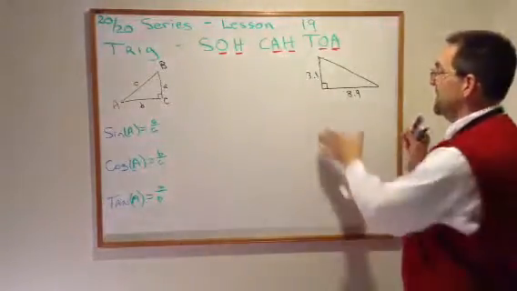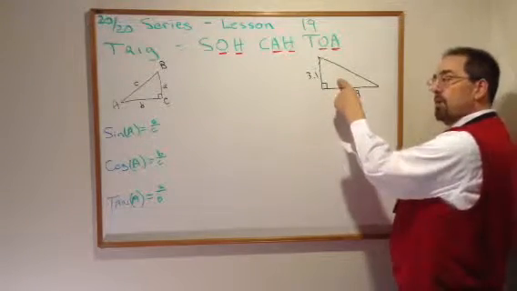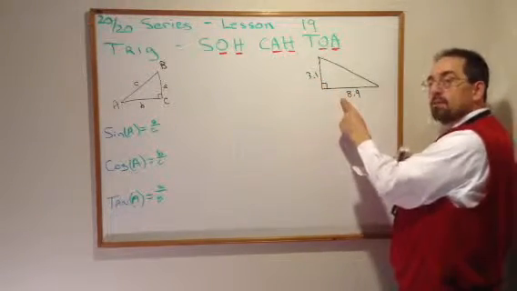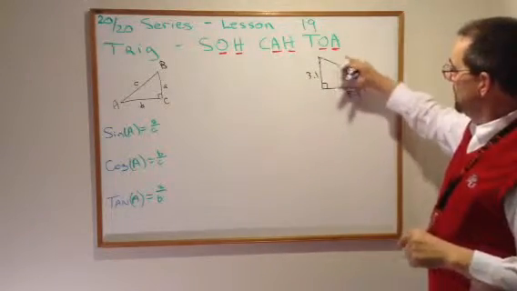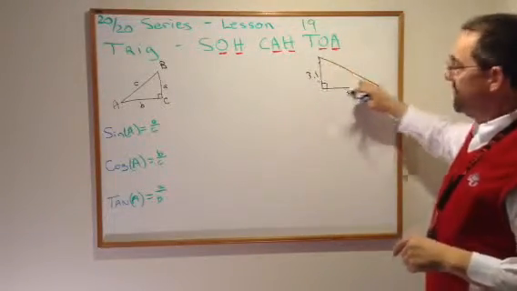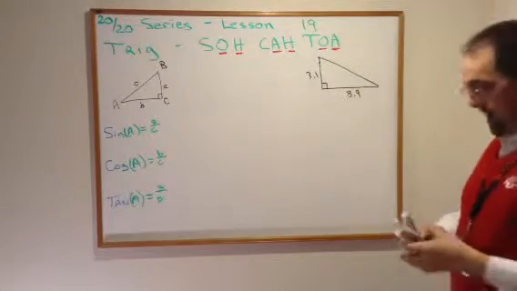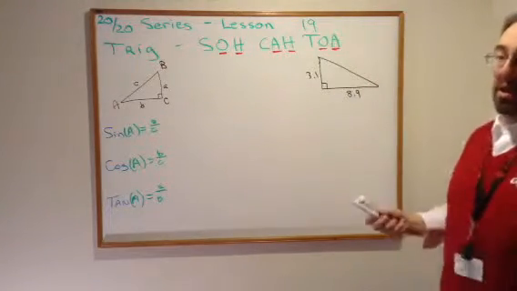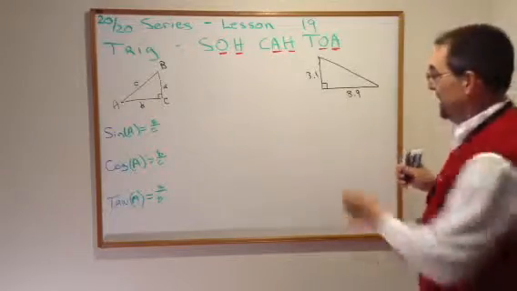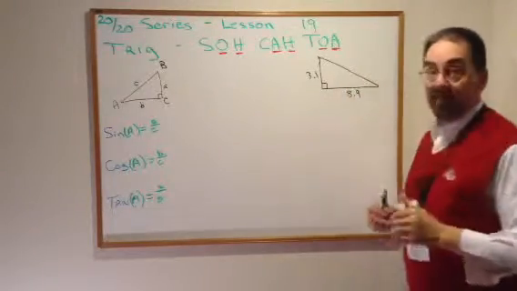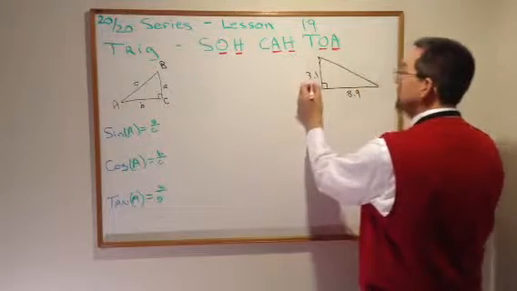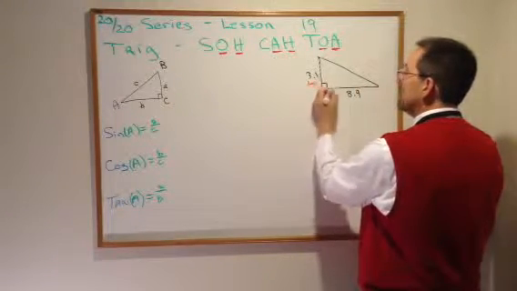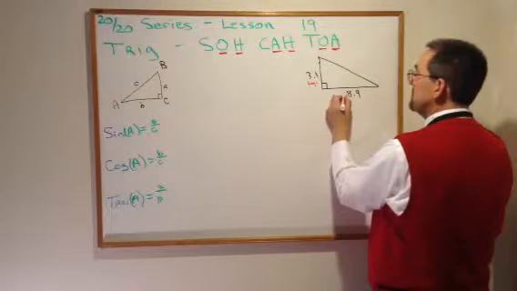Let's actually look at an example. A right triangle. We're given the two legs, and we have to find the hypotenuse and these two angles. Wow. Well, I'm a Pythagorean theorem kind of guy. If I know the two legs, I can find that hypotenuse. Okay? So let's try it. This is leg 1. This will be leg 2.